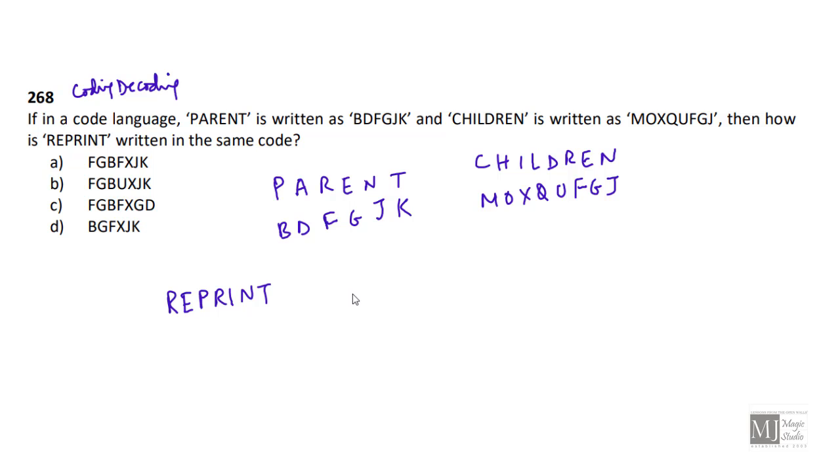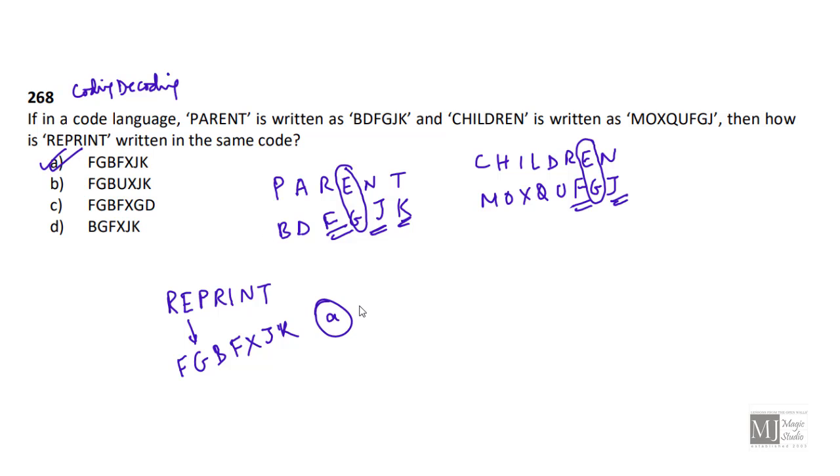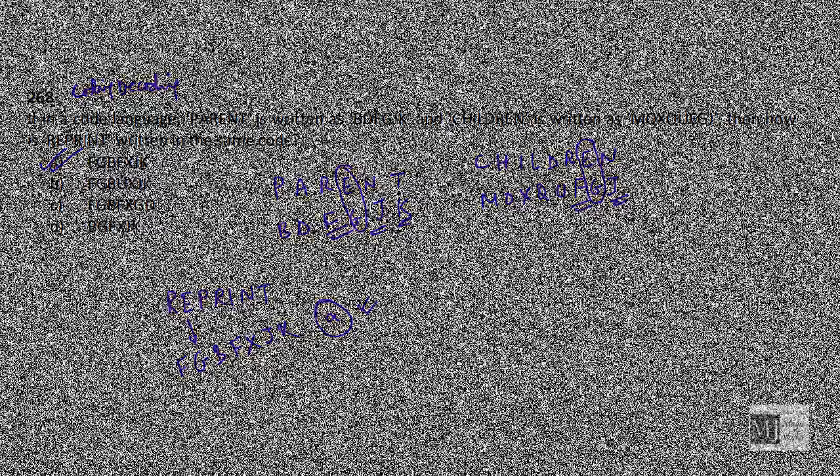Let me use the first basic rule for coding decoding. Is there any exact code they have fit in? What is the common letter? E. FGB, FXJK. Option A fits in with the very common pattern of coding.